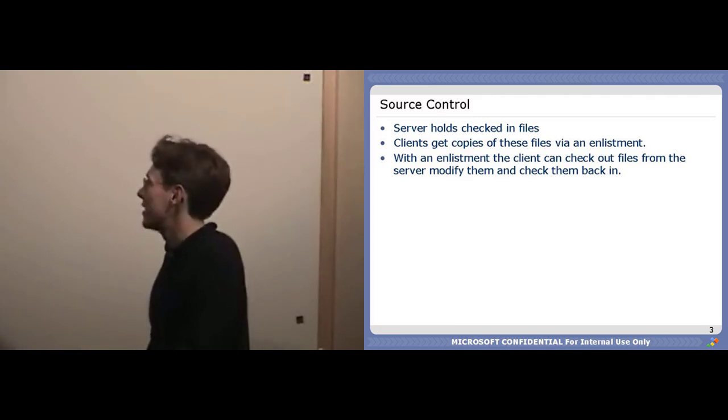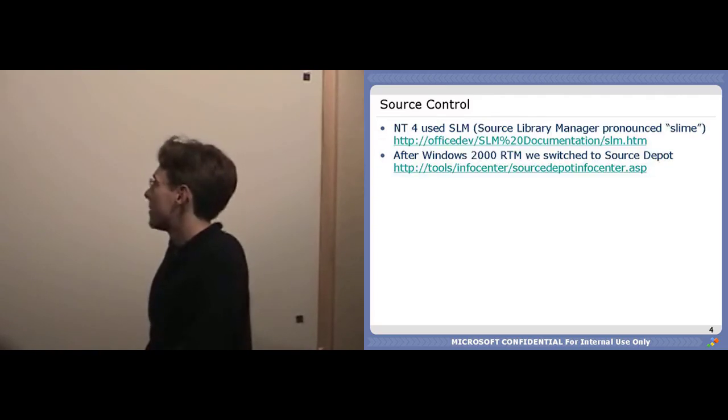The server holds the checked-in files. You say, get me the files, and you get yourself your own local copy of the files, and you pull them down, you work on them, and then you check them back in. So we use two different types.